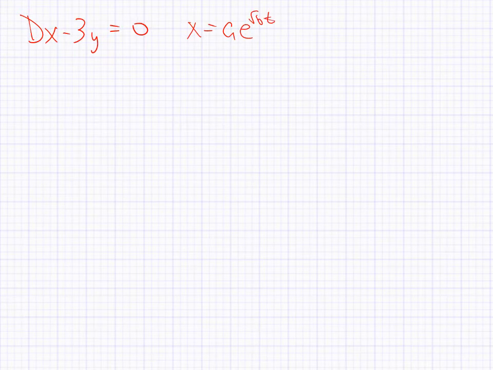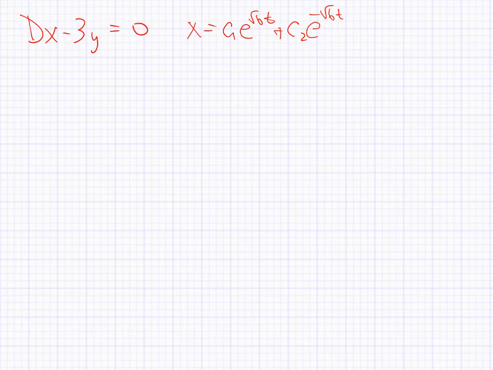So the first equation from our system that we chose to work with was this dx minus 3y equals 0. And so we have that x equals c1 e to the square root of 6t plus c2 e to the negative square root of 6t.